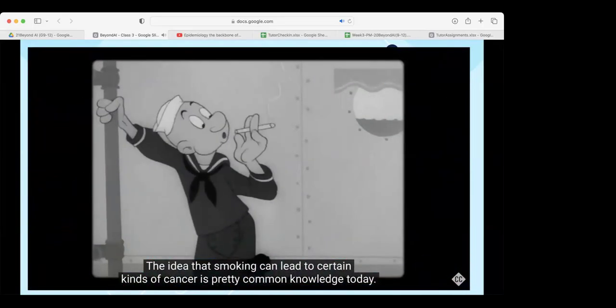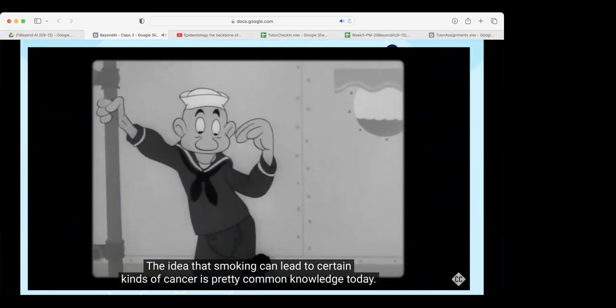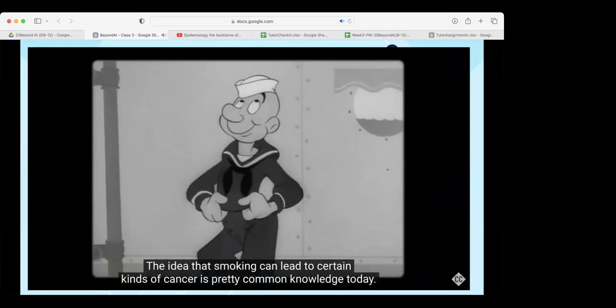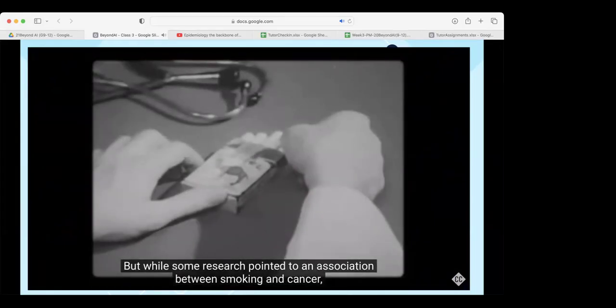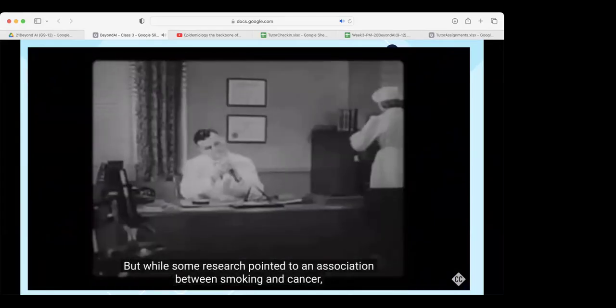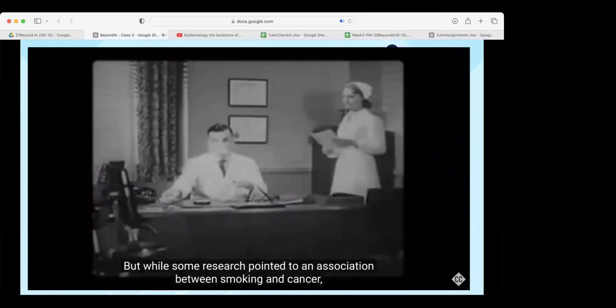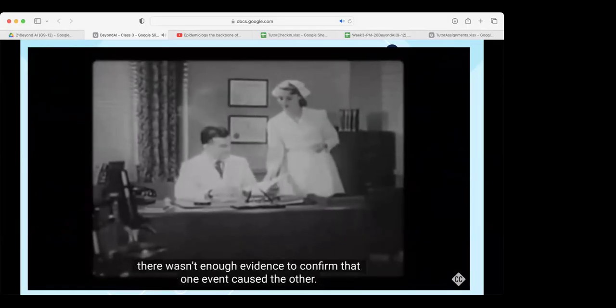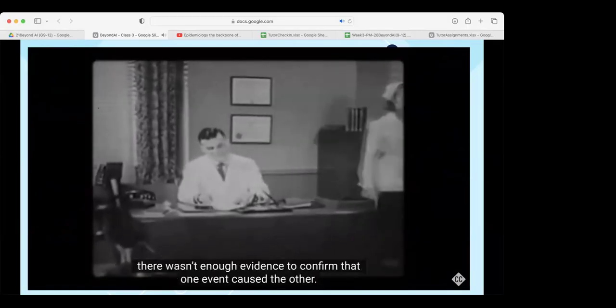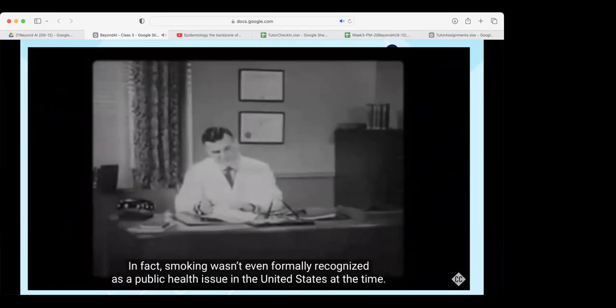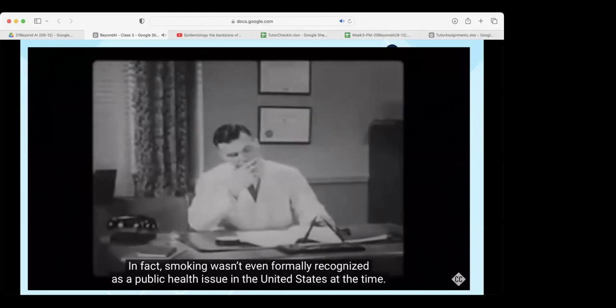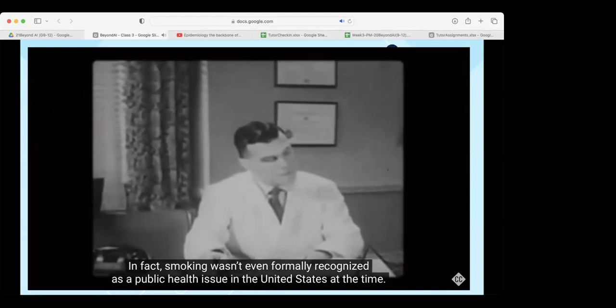The idea that smoking can lead to certain kinds of cancer is pretty common knowledge today. But while some research pointed to an association between smoking and cancer, there wasn't enough evidence to confirm that one event caused the other. In fact, smoking wasn't even formally recognised as a public health issue in the United States at the time.